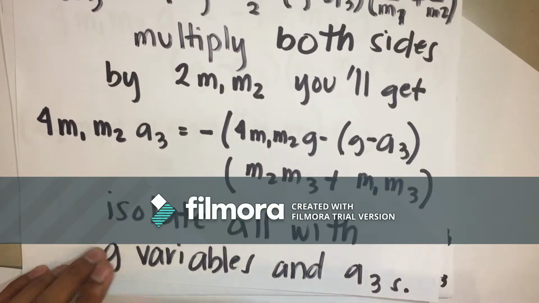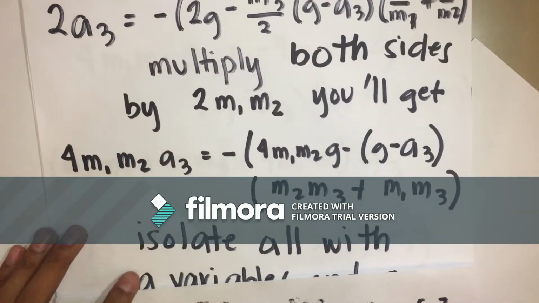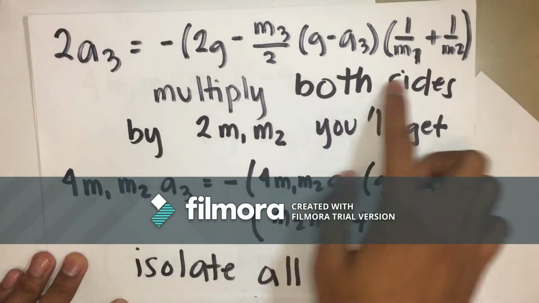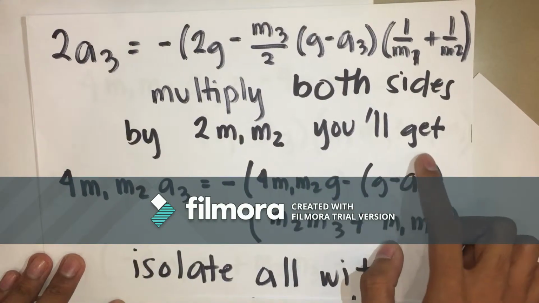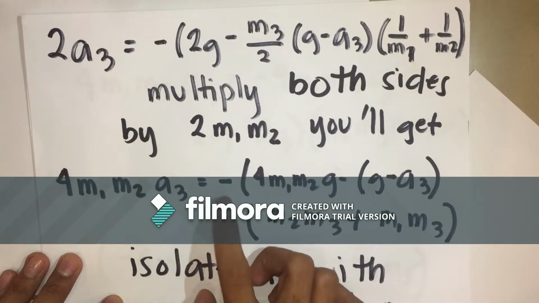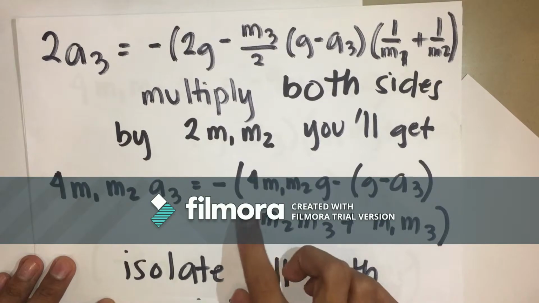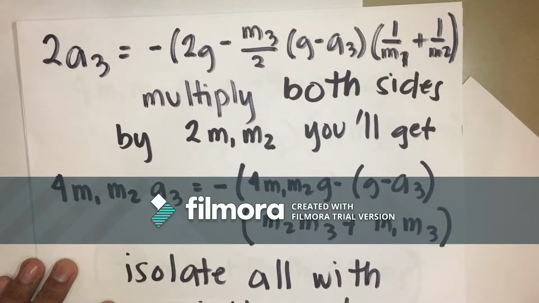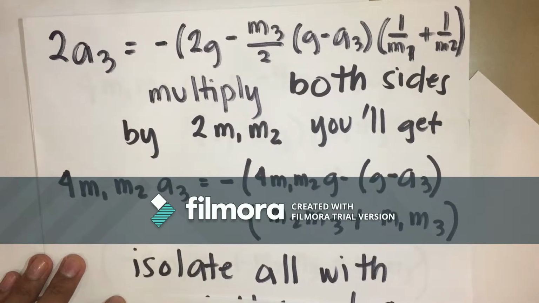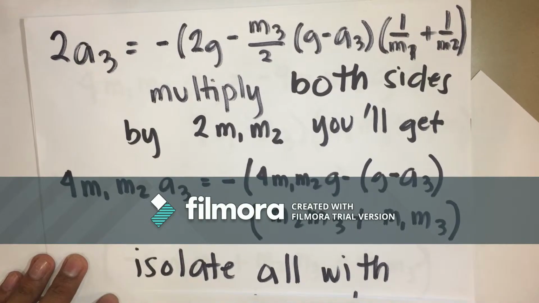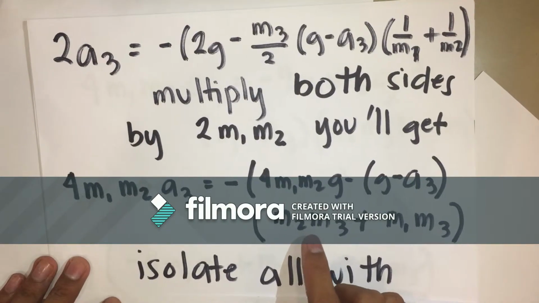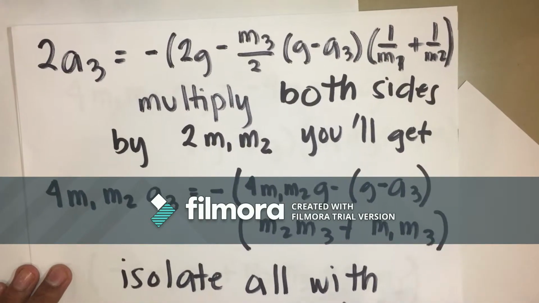Next is doing more algebra. So 2A3, the equation from last page, we multiply both sides by 2M1 M2, we'll get 4M1 M2 A3, which is equal to negative quantity of 4M1 M2 G minus G, the quantity G minus A3, multiplied again to the quantity of M2 times M3 plus M1 times M3.